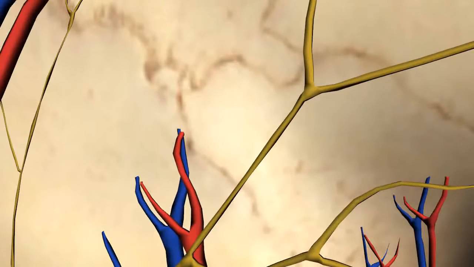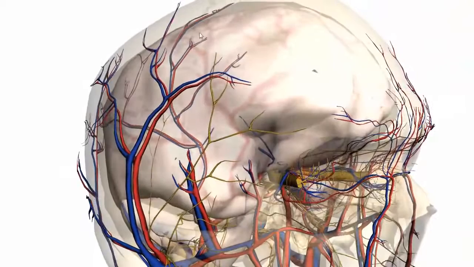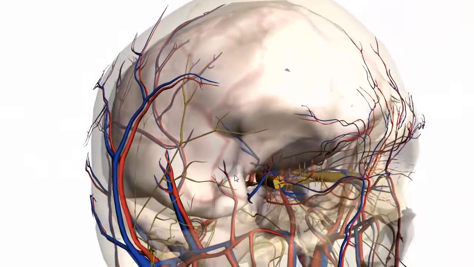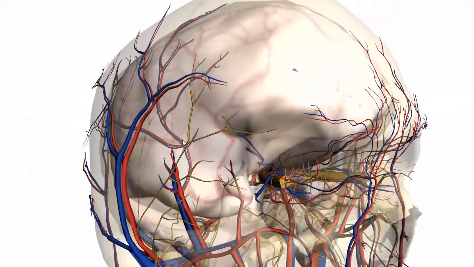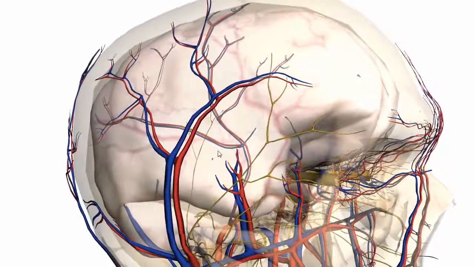So if that artery is ruptured, you can see it lies outside the brain. So you'll get an extradural hematoma because blood from that will press against the outside membrane of the brain, which is known as the dura mater. So blood will accumulate between the skull and the brain, so it's outside the dura, so it's extradural. So you're at risk of getting an extradural hematoma if you get a fracture through the pterion.